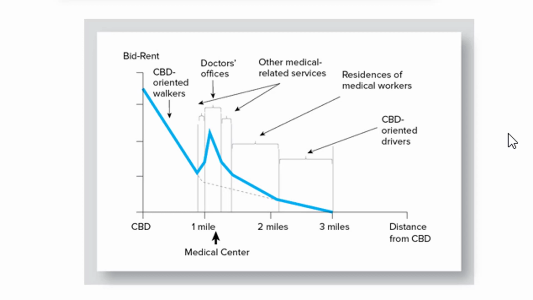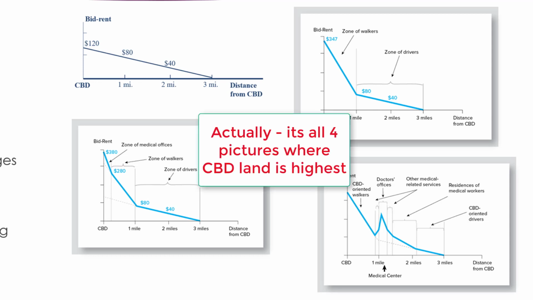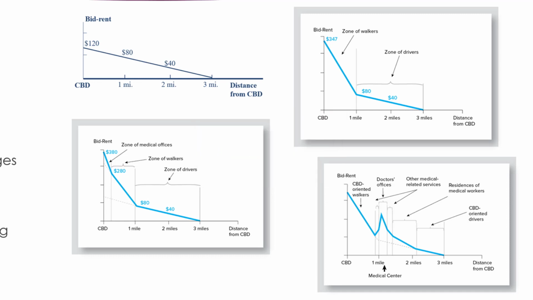But there's a few big takeaways that I want to highlight here. And that is, one, that this model gives us a sense of how the density of land use is going to occur. So in all three of these cases, the CBD is going to have the most valuable land, and that's going to imply that we have the highest density of use near the CBD.